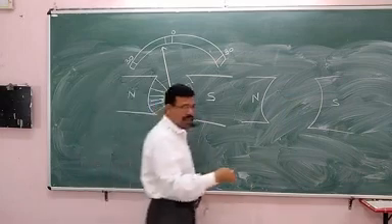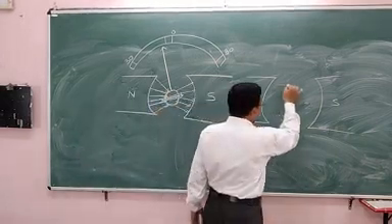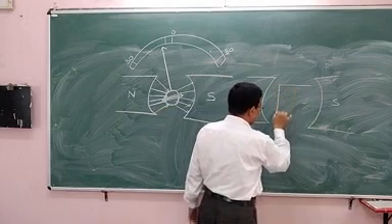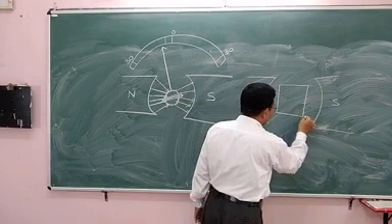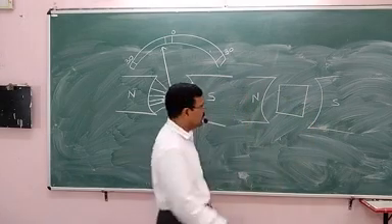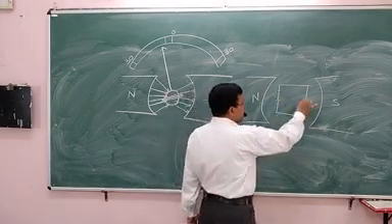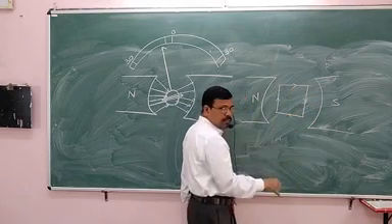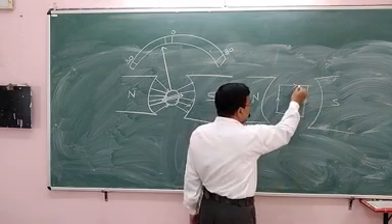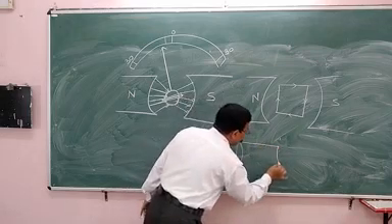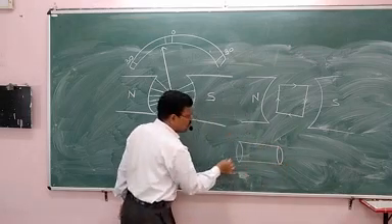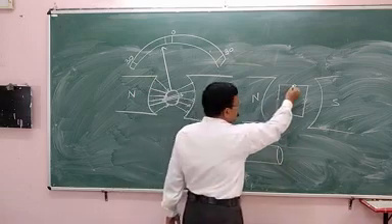If you see the horizontal view, the coil will be like this. This is the rectangular coil. This coil is a current carrying coil, and there is a soft iron core like this. Here is a soft cylindrical iron core.